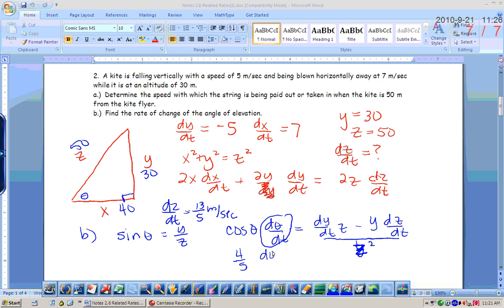And then I'm looking for d theta dt. dy dt is negative 5. z is 50. y is 30. dz dt I found in the last problem, 13 over 5.